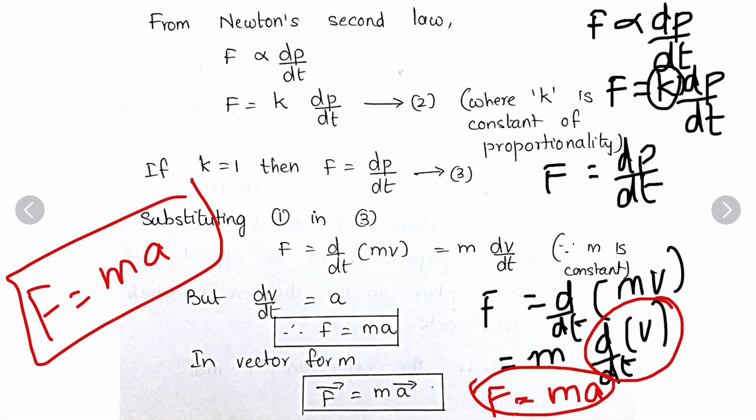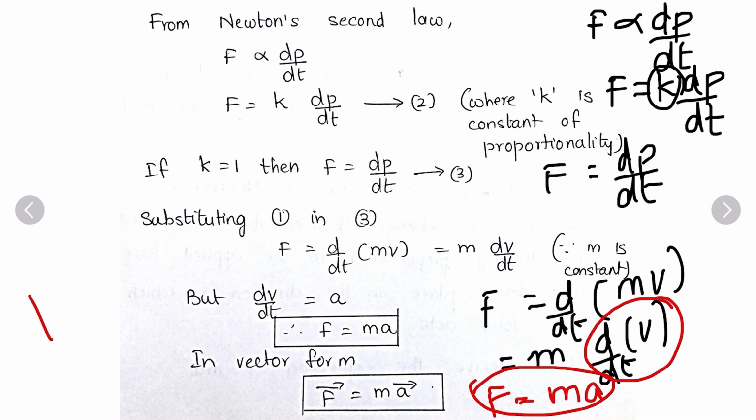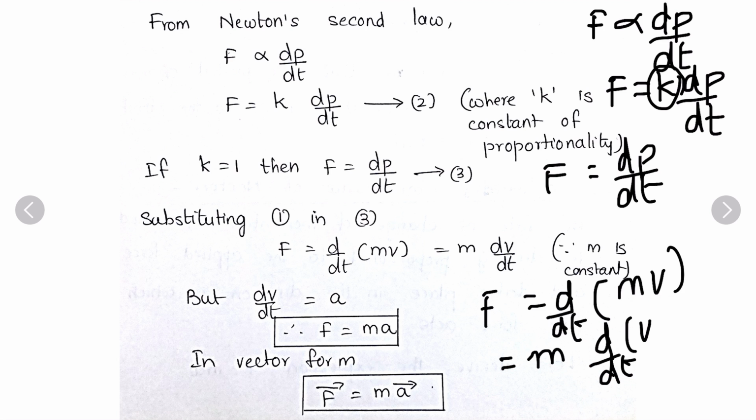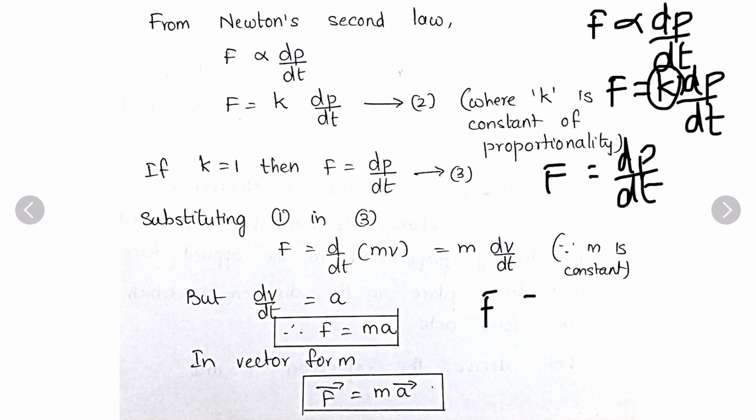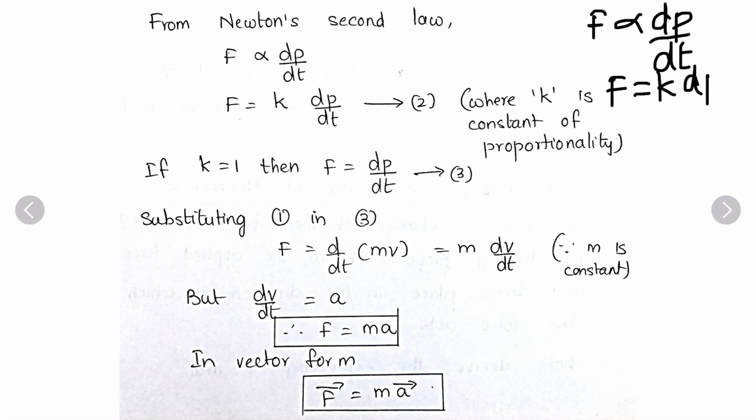A very famous relationship, which you need for most of the numericals. Many numericals use this formula F is equal to ma. So, you can see that F is proportional to dp by dt as per the definition of second law.